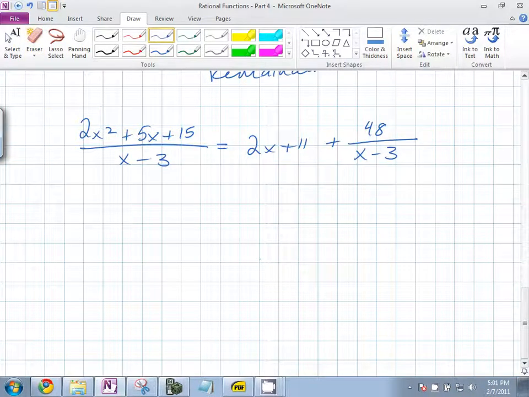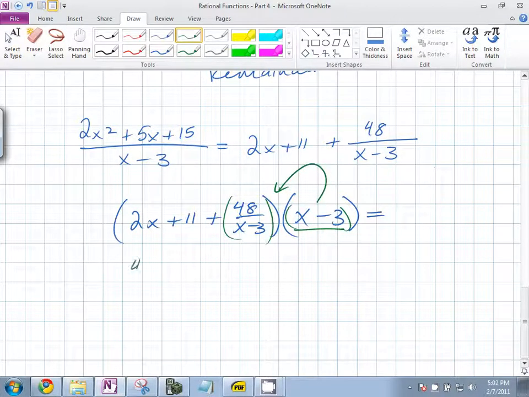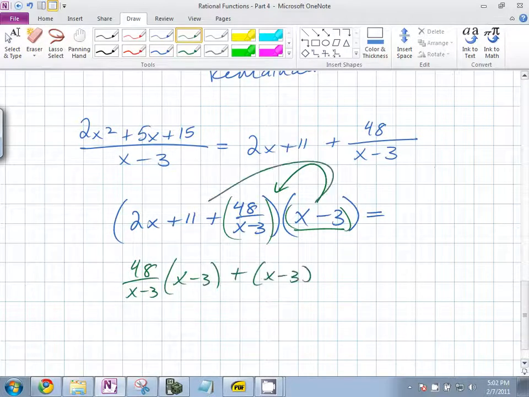We would check to see if 2x plus 11 plus 48 over x minus 3, we want to multiply that by x minus 3 and see what that equals. Well, let's do that out. X minus 3, let's take that whole thing and multiply it by 48 over x minus 3 times x minus 3 plus x minus 3 times 11 plus x minus 3 times 2x.